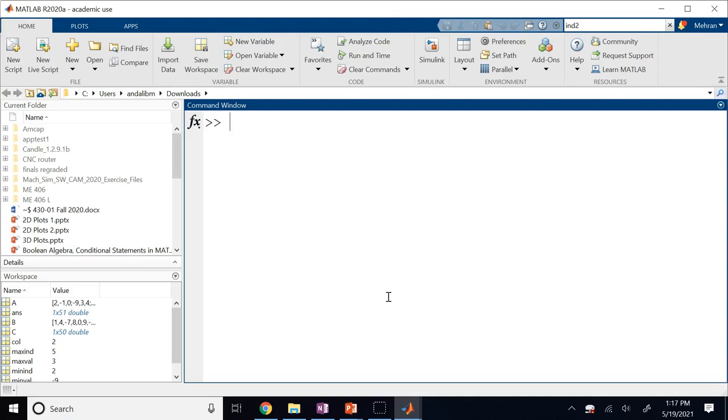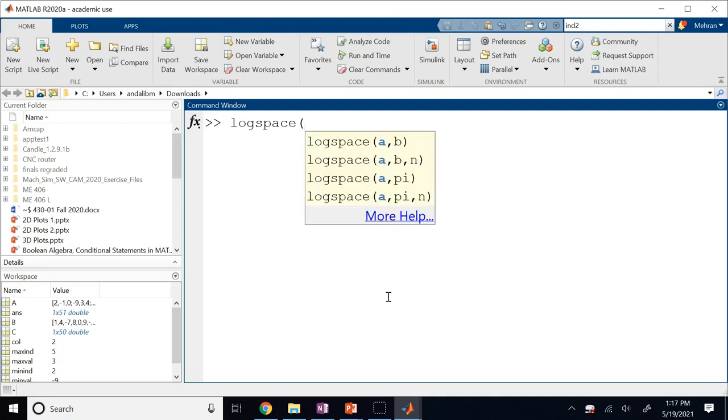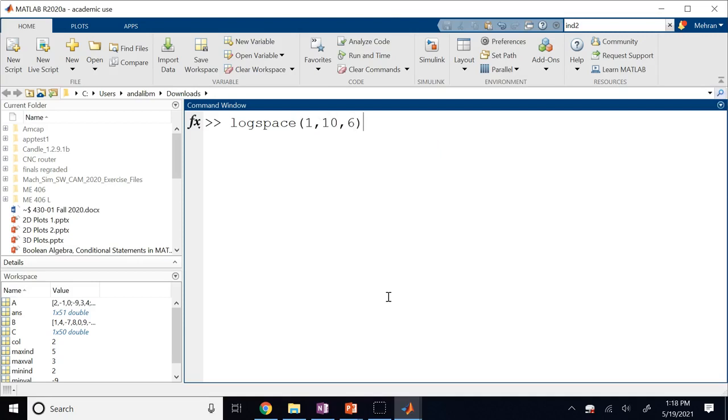There is another command similar to linspace. It's called logspace. Logspace, when it generates a bunch of data, the data are not equally spaced. They are logarithmically equally spaced. What do I mean by that? I'm asking you to generate for me a bunch of numbers between 1 to 10 and with 6 data points.